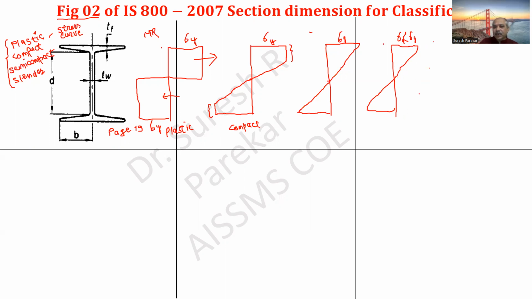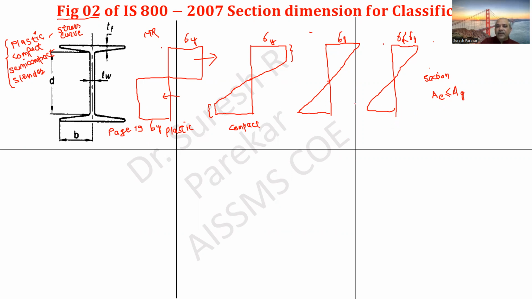Or we can say, if you remember, you will go to section 7, and they say the value of AE is going to be less than or equal to AG, and that depends on your section. If that goes beyond semi-compact, then you are not going to consider that portion.